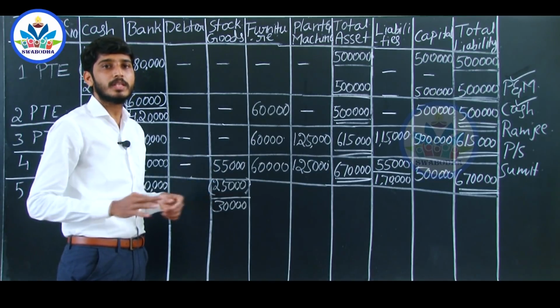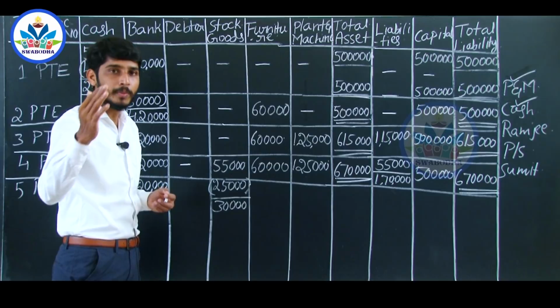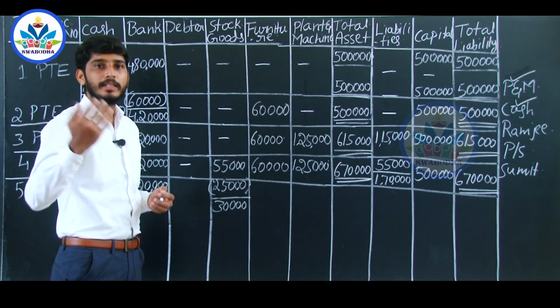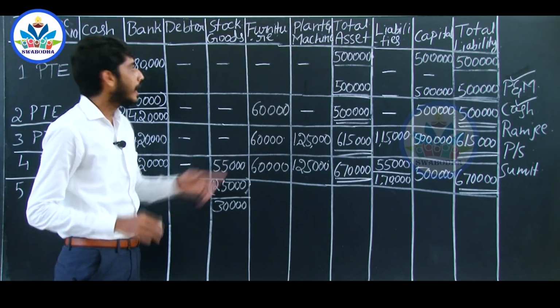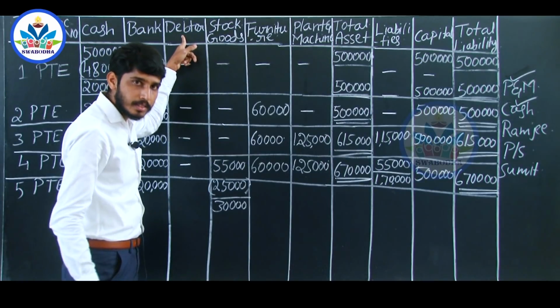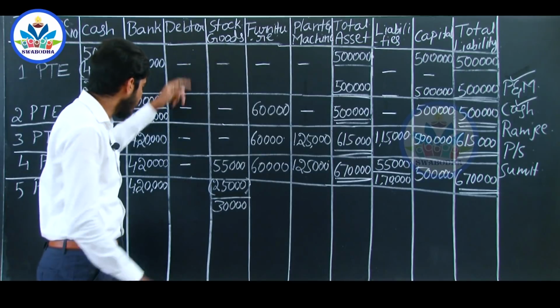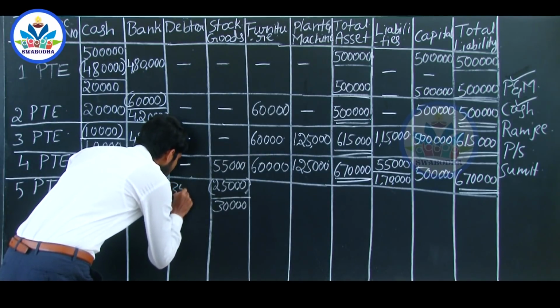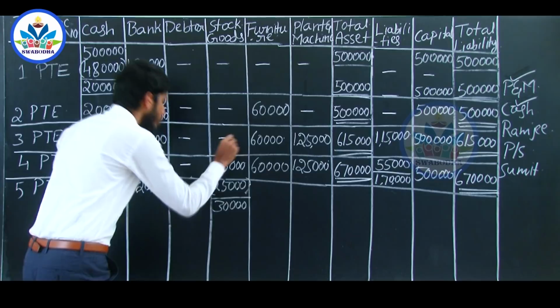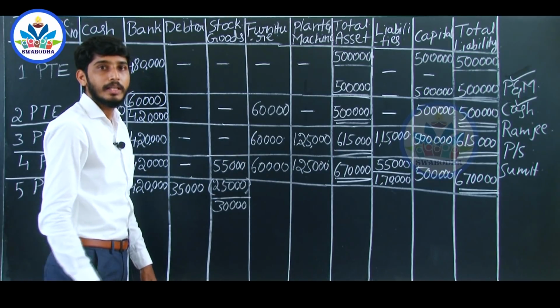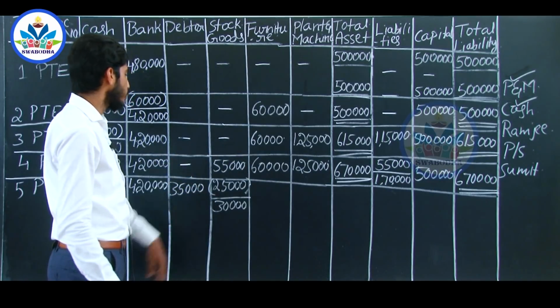We have the right to receive rupees 35,000 from Rajani in the near future. That means it is an asset, asset in the form of debtors. 35,000 of debtors value has to be recorded. So, debtors will increase by 35,000.